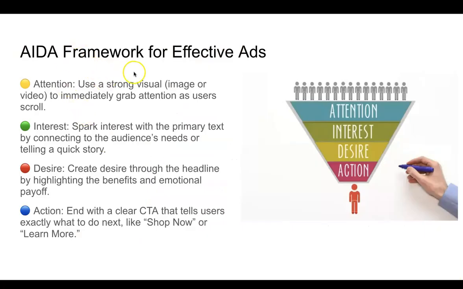Okay, so the AIDA framework for effective ads. Attention. This is the first and the most critical step: grabbing your audience's attention. The content of Meta ads is usually visual, so you'll see images and videos.